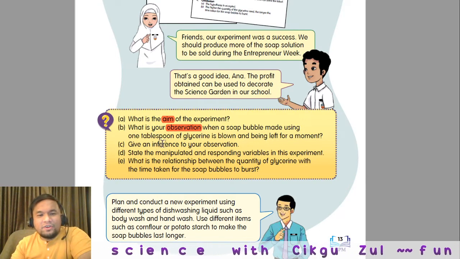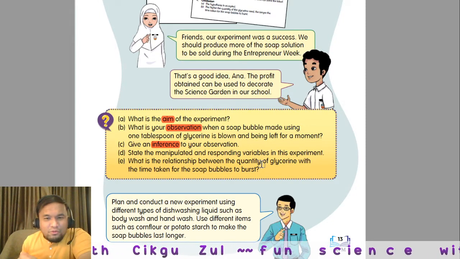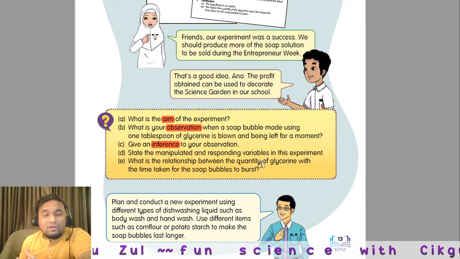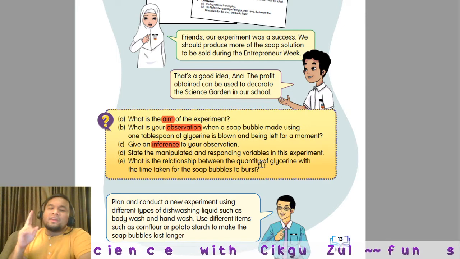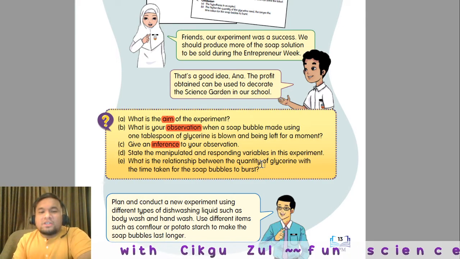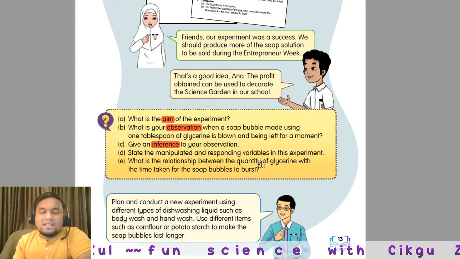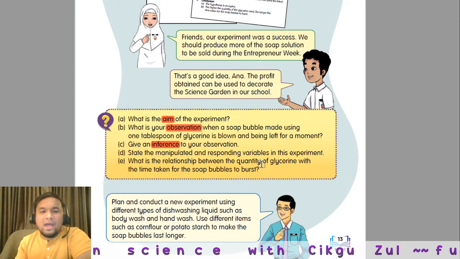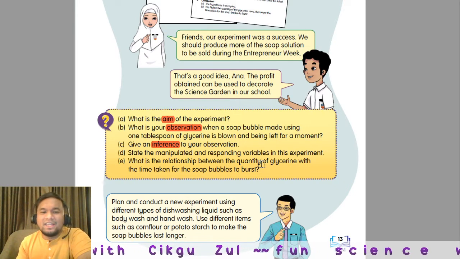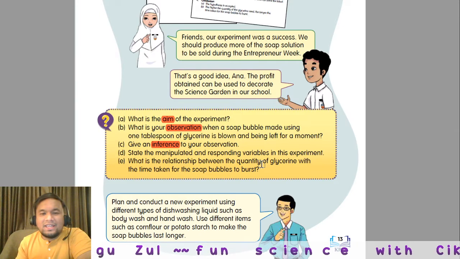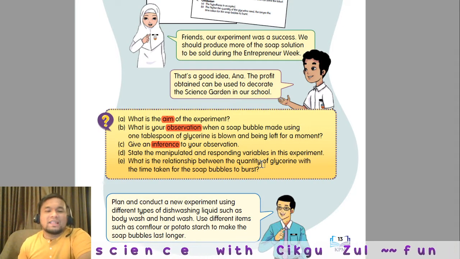C. Give an inference to your observation. Kenapa kamu cakap dia paling sedikit tempoh masa dia tu? Because the soap bubble has the least amount of glycerin. Least, I repeat, least amount of glycerin. Mulakan dengan perkataan because.